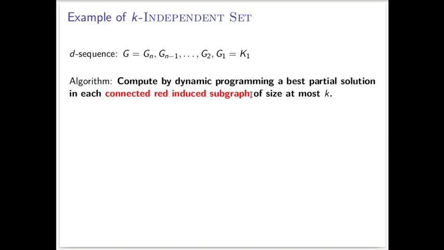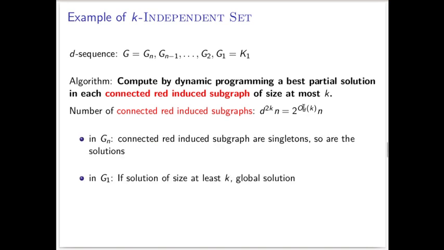So since it is a d-sequence, all red graphs have max degree at most d. So the number of connected red-induced subgraphs is at most d to the power of 2k times n, which is single exponential in k.